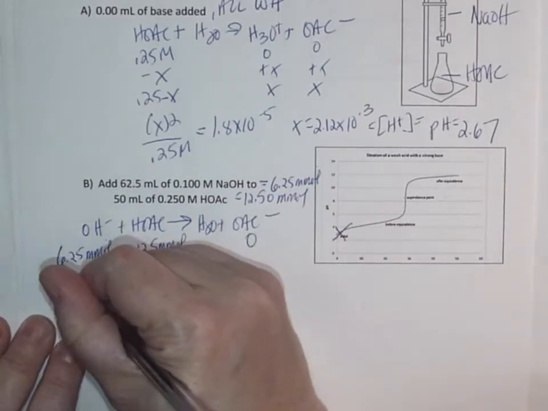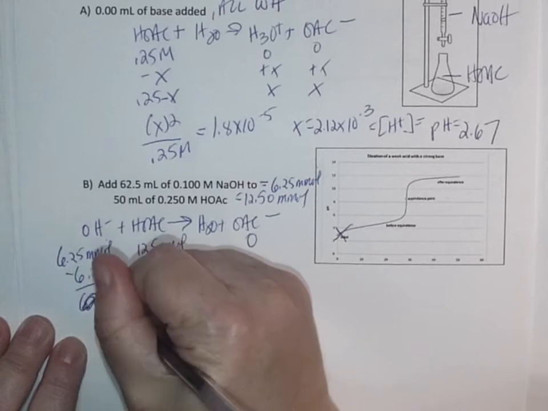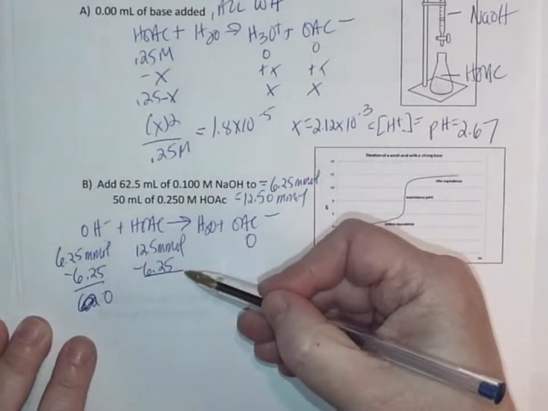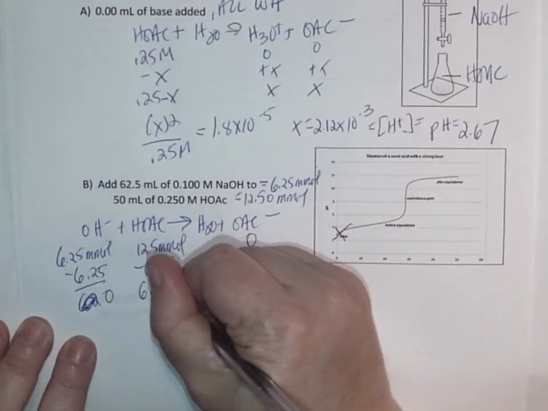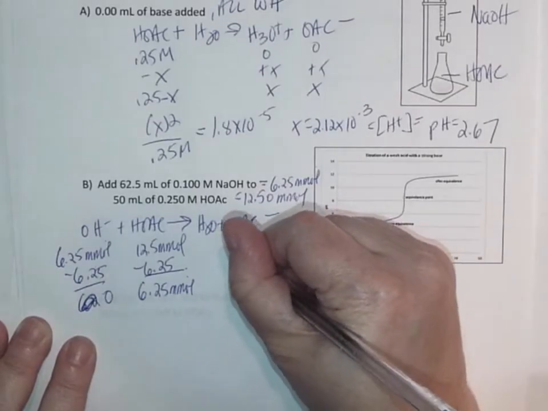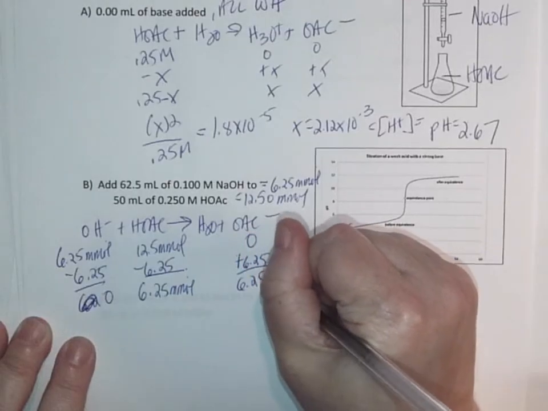I want to completely neutralize this, so it's going to use up all 6.25 of that from the base, getting it down to 0, because I have that amount of acid to react with it, and it leaves me with 6.25 millimoles of the acid. But when these react, it's making some product, so here's the 6.25 on this side.